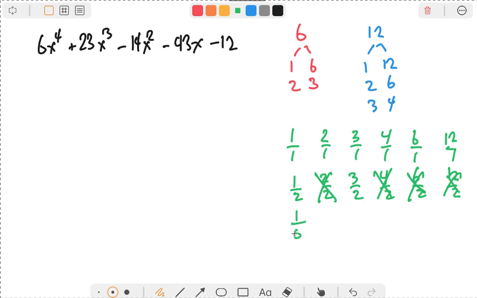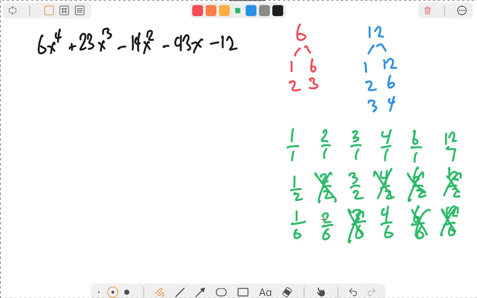Then I'll go 1 over 6, 2 over 6, 3 over 6, so that's 1/2. 4 over 6. Oh, I know what I did wrong. Never mind. 6 over 6, that's 1. 12 over 6, that's 2. Let's do the thirds.